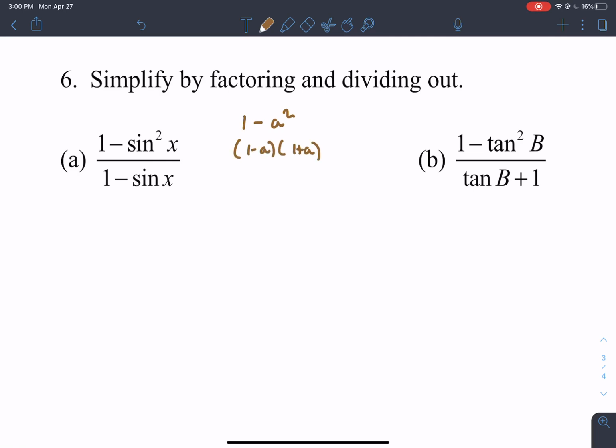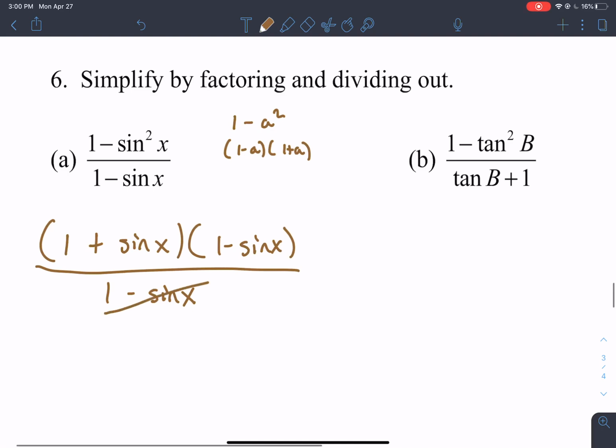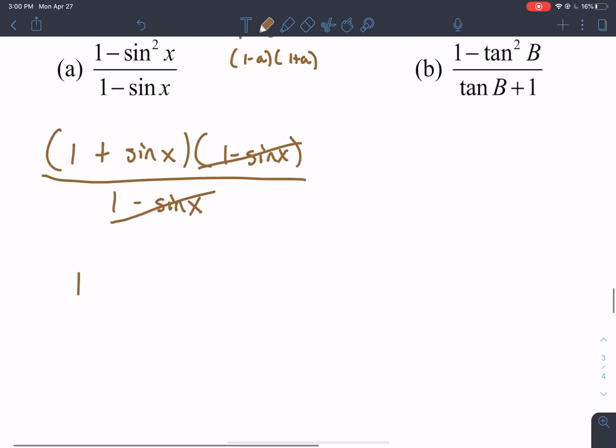I'm going to write it the same way here, treating sine of x like my variable. So the top now becomes 1 plus sine of x times 1 minus sine of x divided by 1 minus sine of x. Okay, obviously that's going to cancel, and then you're just left with 1 plus sine of x.